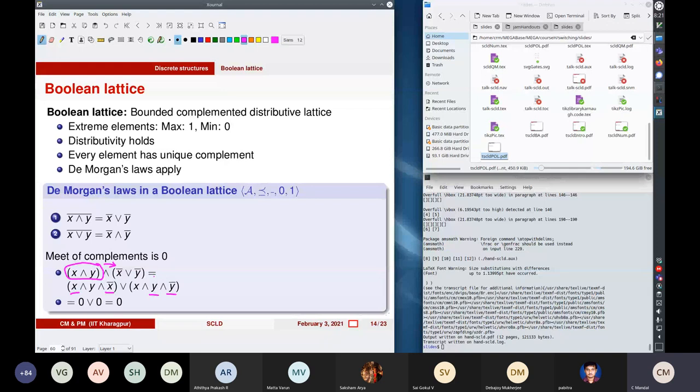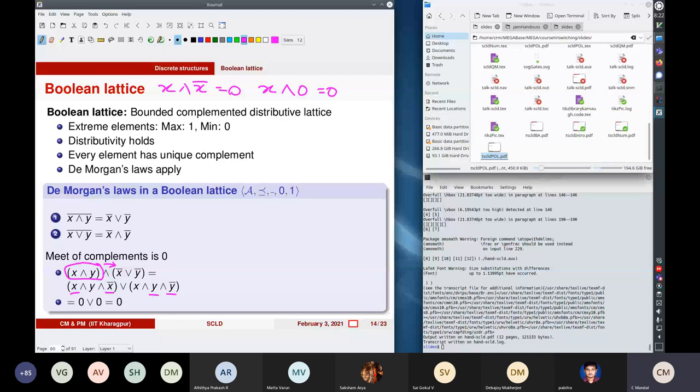So these are 0 actually. So these are the properties that we are using.